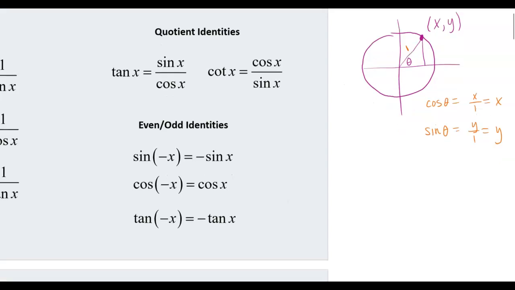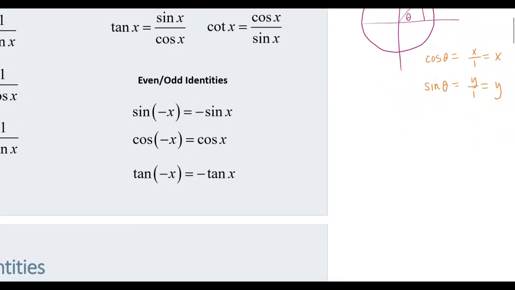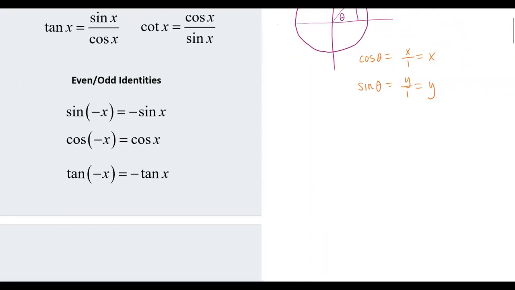And then we also have these even and odd identities. They have to do with what the graphs of these functions look like.